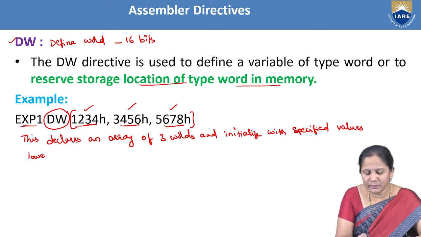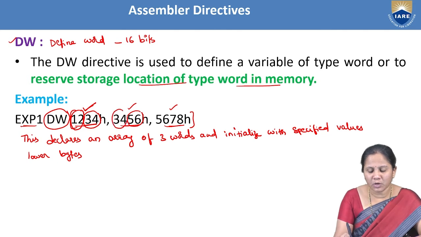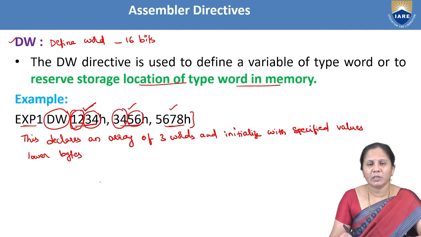So how they will be stored: if it is 16-bit data, these 2 digits are called lower order bits and these 2 digits are called higher order bits. While they are stored in that particular reserved memory location, the 16-bit value consists of a lower byte and an upper byte.